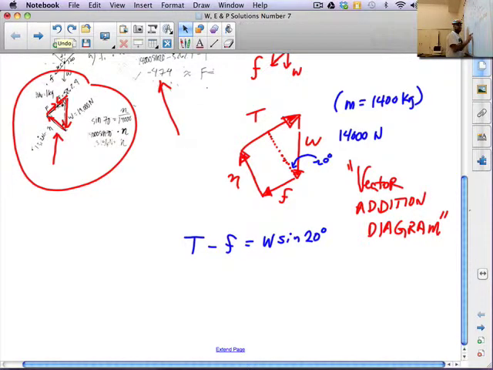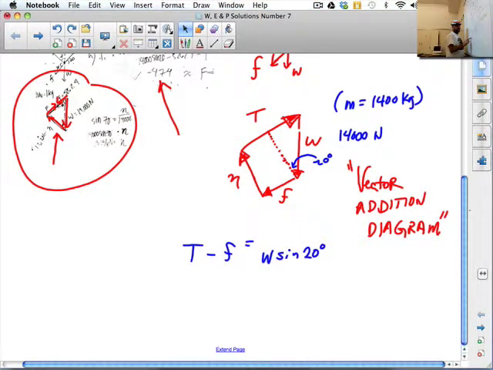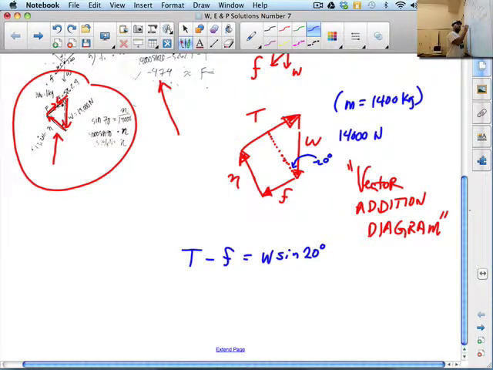Maybe you'd be more comfortable if I started with sine 20 degrees. So why don't I slow it down a little bit here? Okay, so sine 20 is going to be T minus F, that's tension minus friction. I'm calling this force here tension, over weight, right?